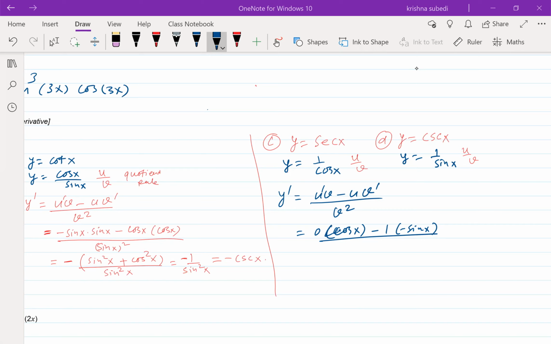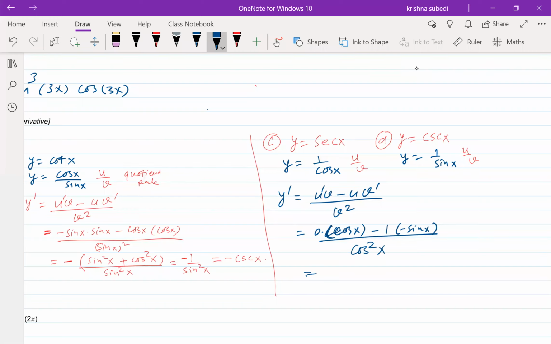Again, this one is very similar to part A and part B. What we do is, we change this secant x into 1 over cos x, cosine x. And we can use the quotient rule, u over v. So we know the formula, and using that formula, u prime, that will be 0 times cosine x minus 1 times the derivative of the cosine, which is minus sine x, over v squared, which means cos squared x.